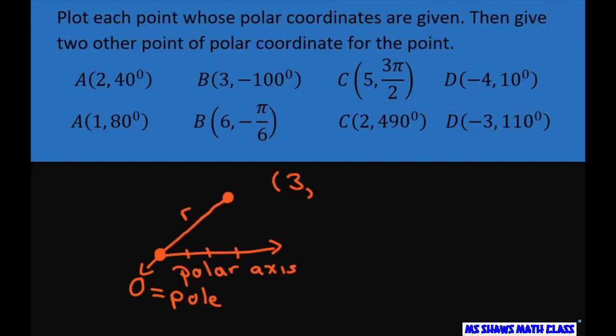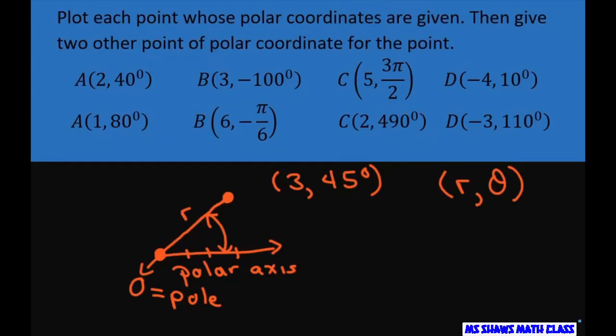That's your R. And we could say that this angle here, let's call that 40 degrees, or let's say it's 45 degrees. So it's your radius, comma, your angle.